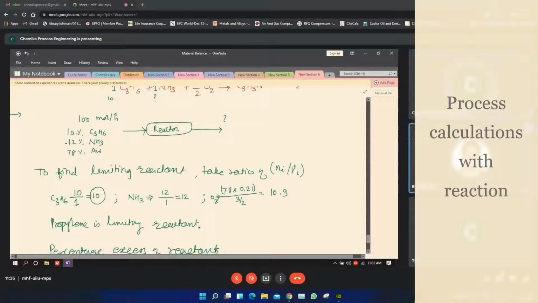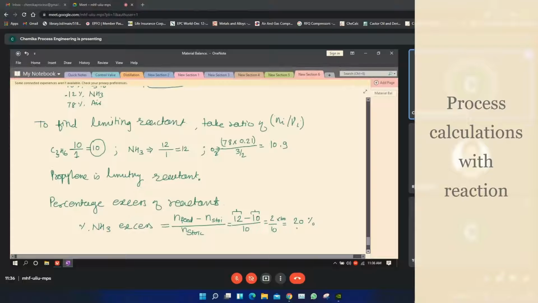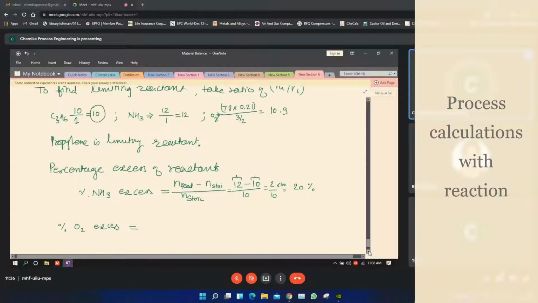So for 10 moles of propylene, 10 moles of ammonia will be required. That is the stoichiometric amount, and we substituted it here and calculated the percentage. Similarly, can you calculate for oxygen?